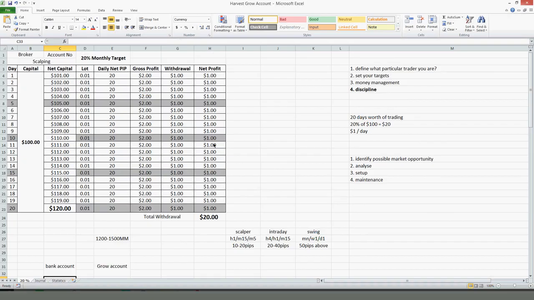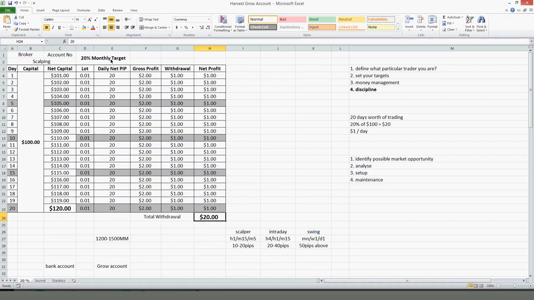So ultimately, over the period of 20 days, if you constantly achieve just 20 pips, you should be able to grow your capital to about $120, and also have a withdrawal of about $20 or more.